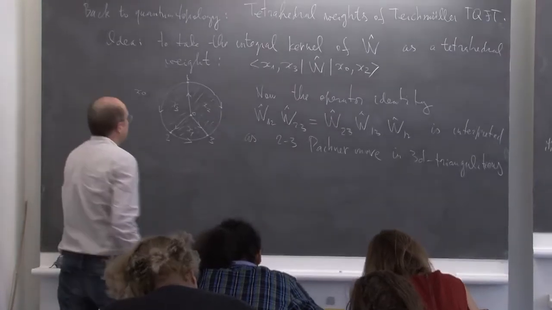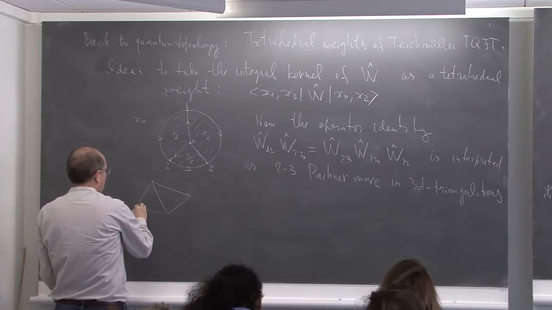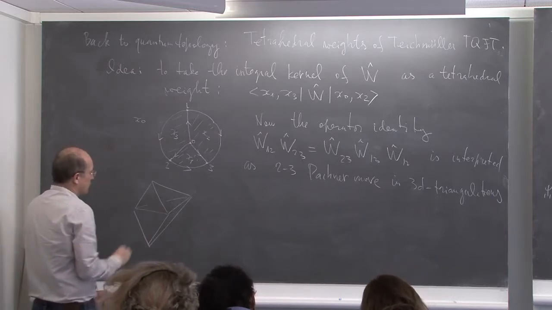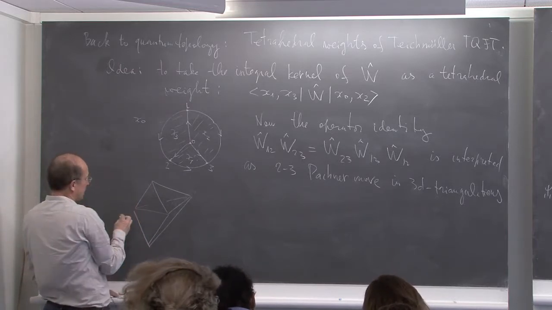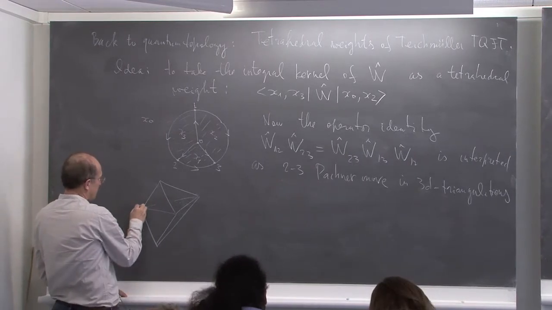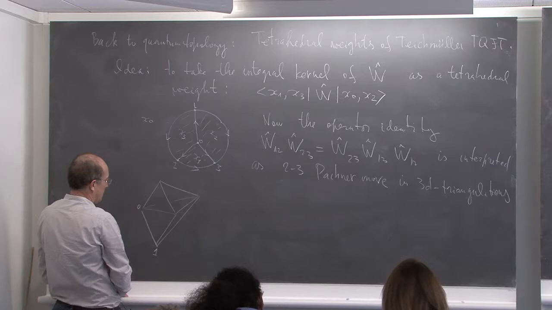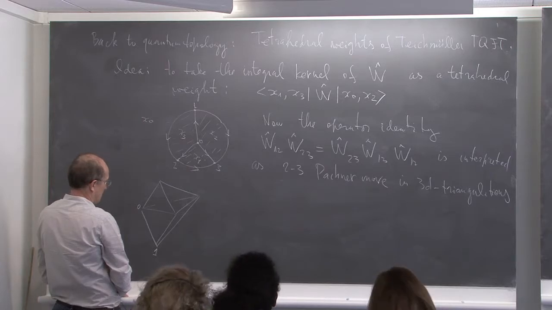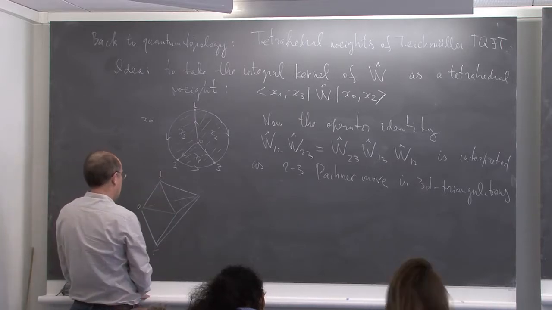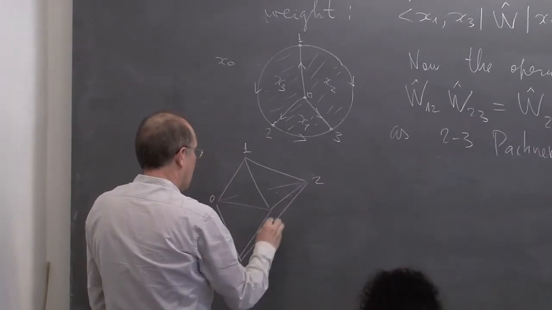So let me draw the picture. The enumeration is not arbitrary. I start with 0 here, 1 here, 2, 3, 4.